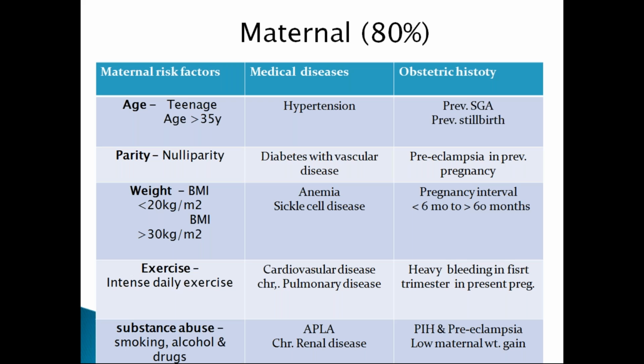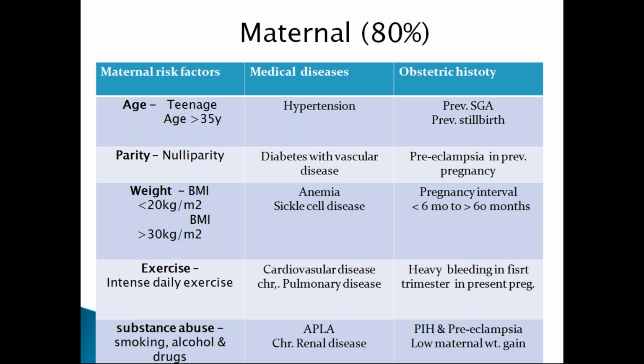Then anemia, sickle cell disease, and cardiovascular disease: there is decreased oxygen supply. Other conditions like renal disease and antiphospholipid syndrome also contribute to IUGR. Mostly this is an anoxic condition, with less oxygen supply, so the baby will not grow properly.